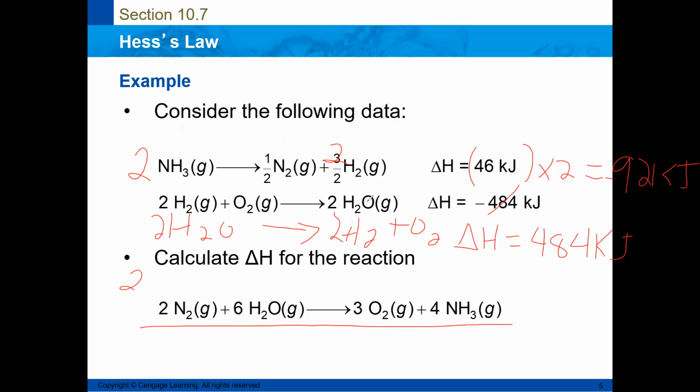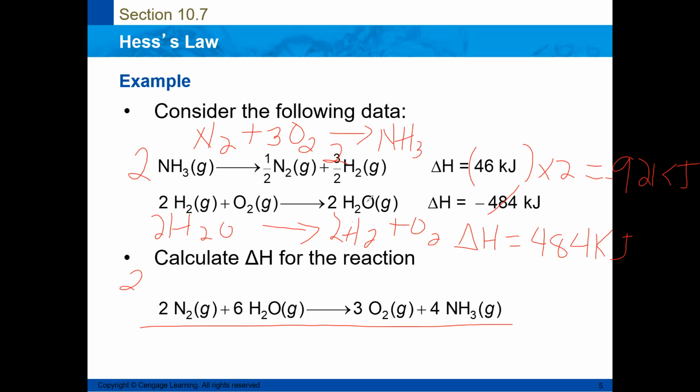So you've got, sorry, not 2 and 2, 1 and 2, just 1. 1 and 2 plus 3O2 yields NH3.